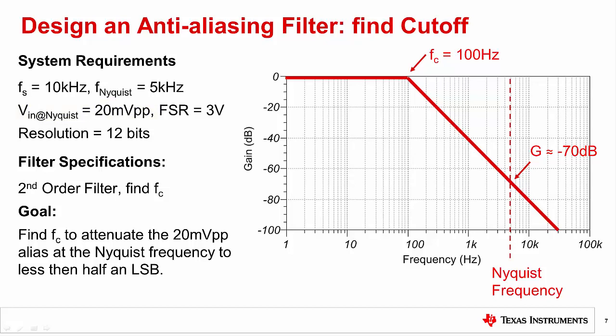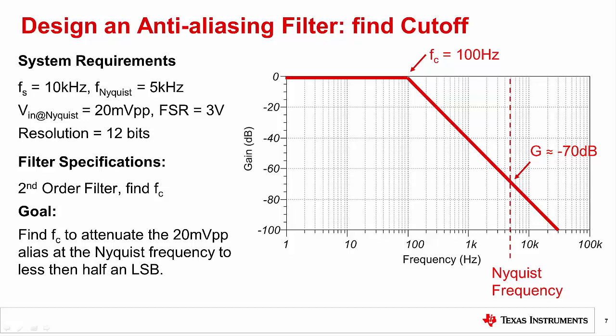In fact, this signal could range from 0 volts to the ADC full scale range, but we are assuming that we will not see a signal larger than 20 millivolts peak to peak at the Nyquist. This 20 millivolt level was based on system specifications and can be adjusted depending on the expected amplitude of noise signals beyond the Nyquist frequency.